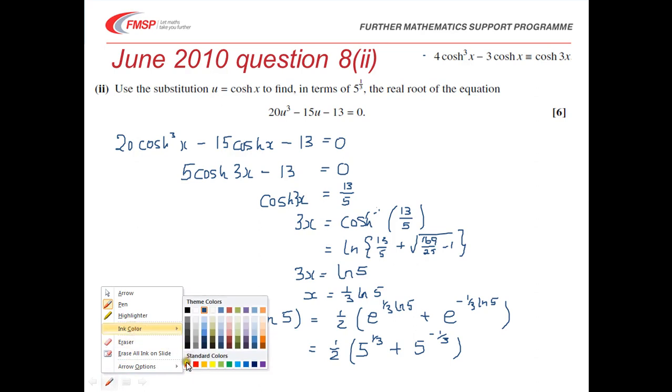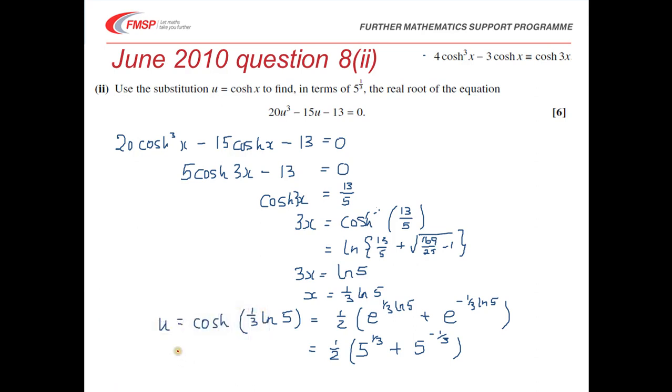So there were 6 marks for that question, quite a lot of working that you had to get done. So let's just check and see how the marks are awarded for that. So you got a method mark at this stage here for the fact that cosh 3x is equal to 13 over 5. You got a method mark for simplifying and getting this expression using your logs, and you got an accuracy mark for ending up with x equals a third log 5.